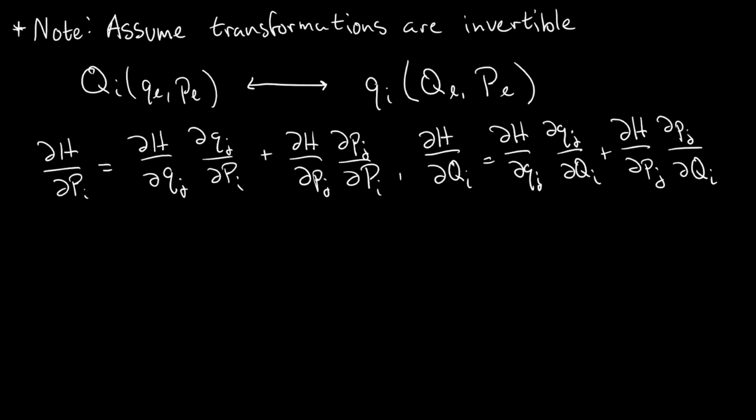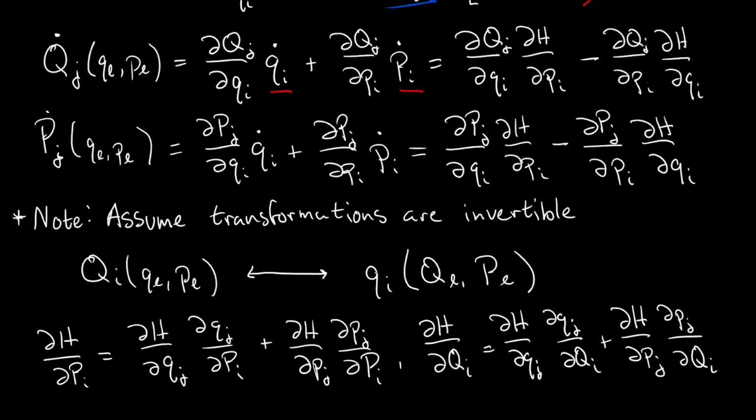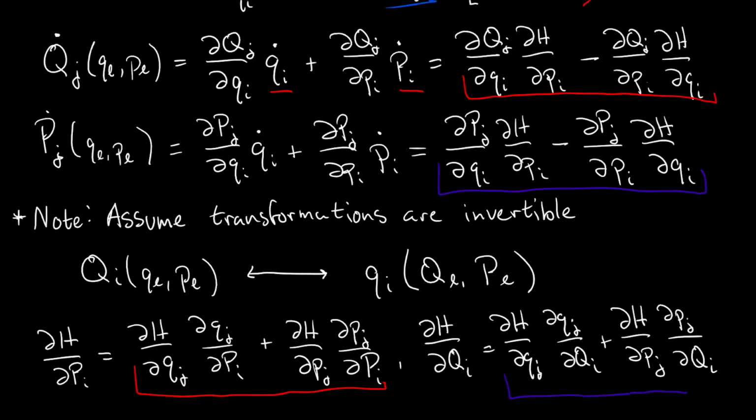So now all we have to do is equate this equation with this equation, and then equate this equation, in a different color, how about purple, this guy with the minus of this guy.